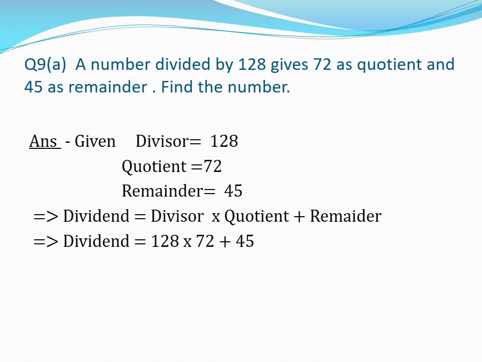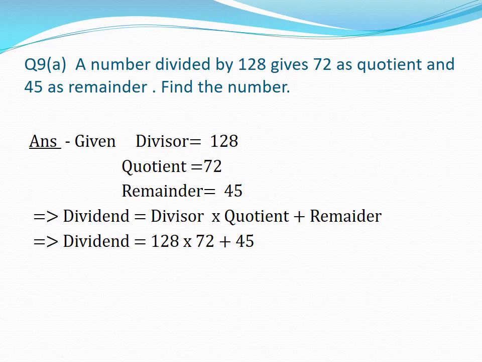In this sum, quotient is 72 and the remainder is 45. Find the number. Use the same formula: dividend is equal to divisor multiplied by quotient plus remainder. Okay. Divisor is 128, quotient is 72 and remainder is 45. Write down the values.